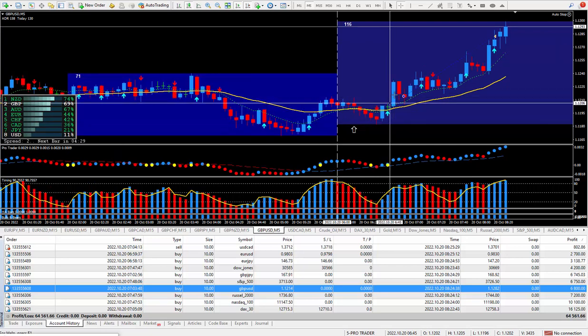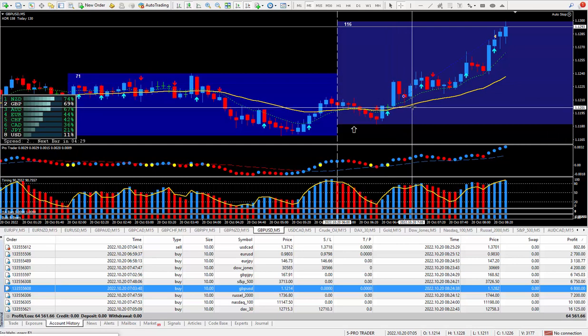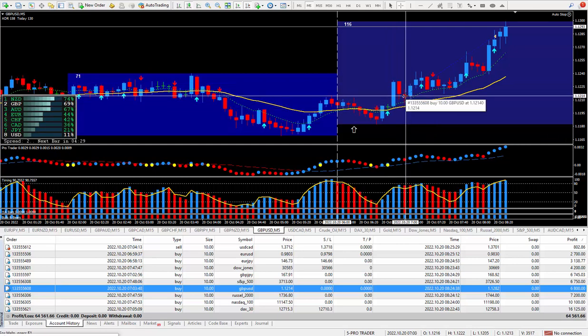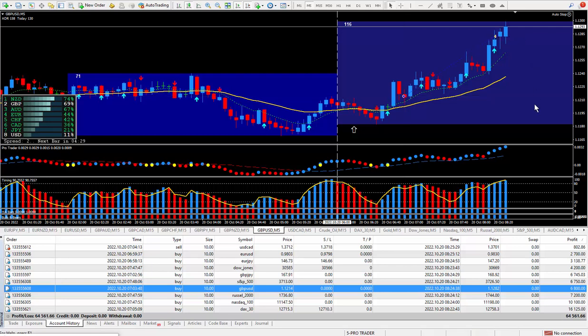Trigger candle. I missed it there, so I just waited for the pullback. Exactly how I teach in the training videos. And I said this should be 68 pips. There it is right there, 68 pips. Times the $10, times the 10 lots, paid out $6,800.